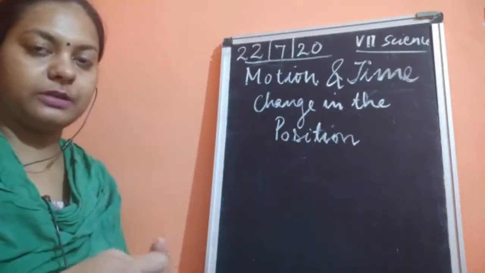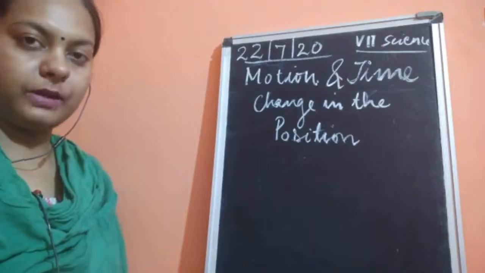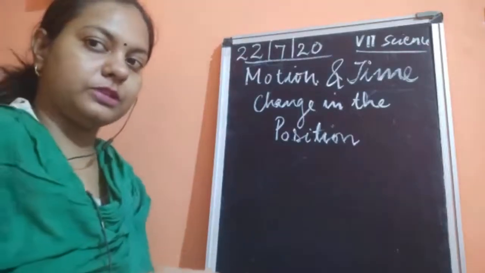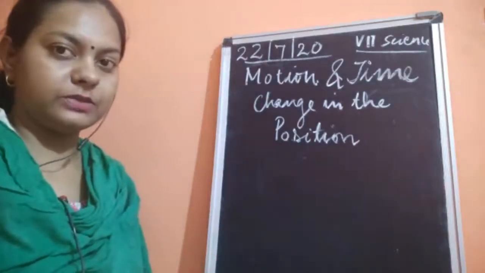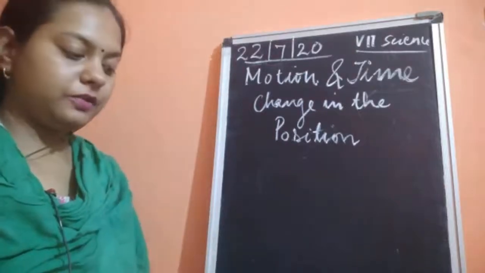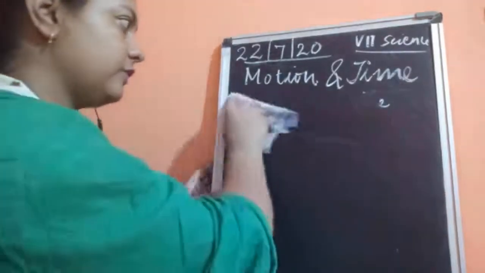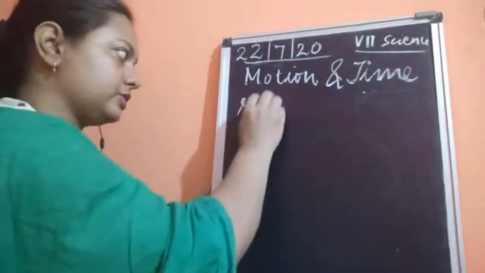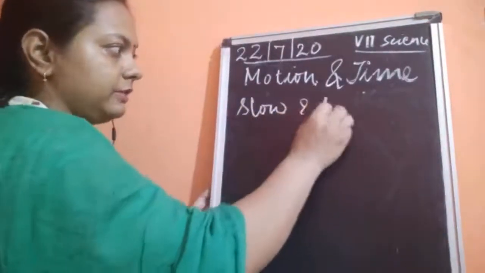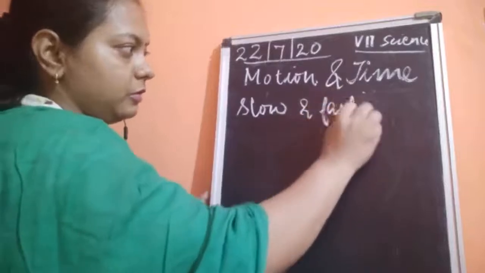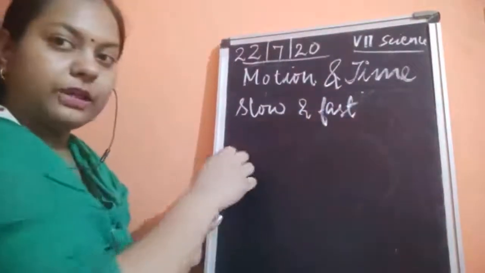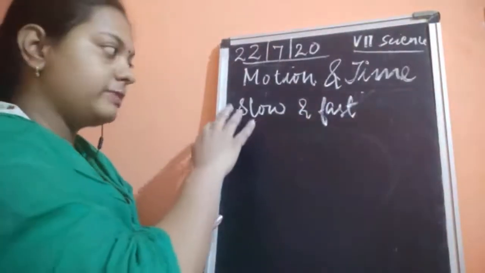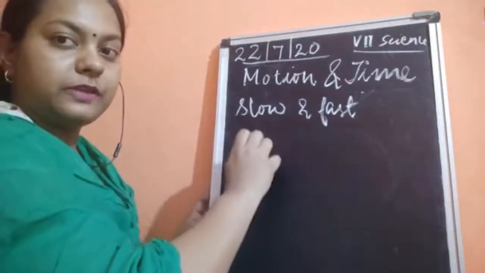Now in this chapter we need to know about two types of motion, that is, one is slow and fast motion and the second is uniform and non-uniform motion. When we talk about slow and fast motion, how can you decide whether an object is moving slowly or in a fast way?